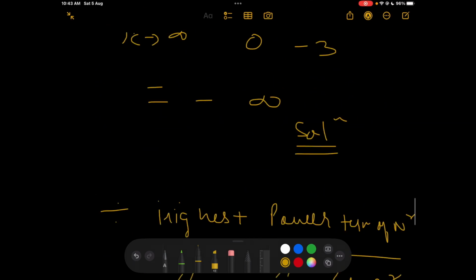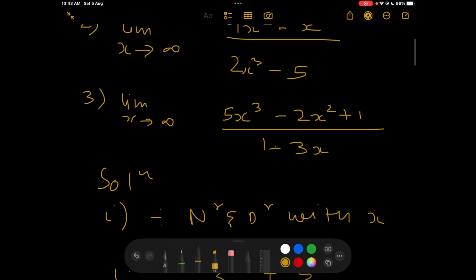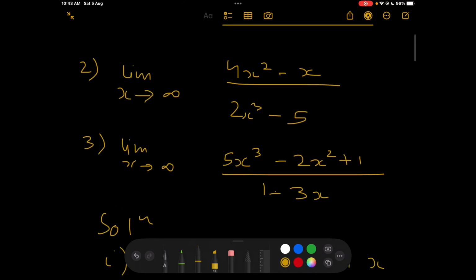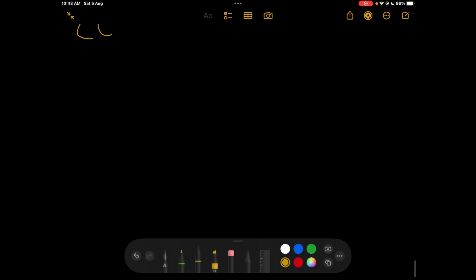For the second part, the highest power term of numerator is 4x square and the highest power term of denominator is 2x cube.